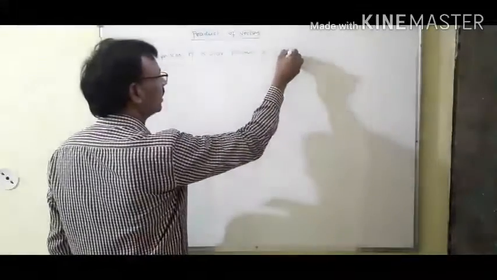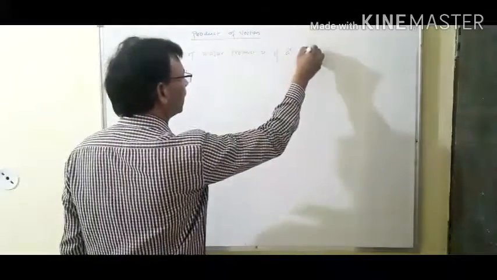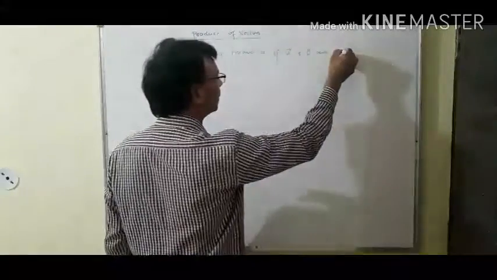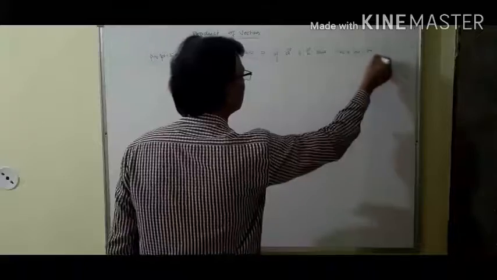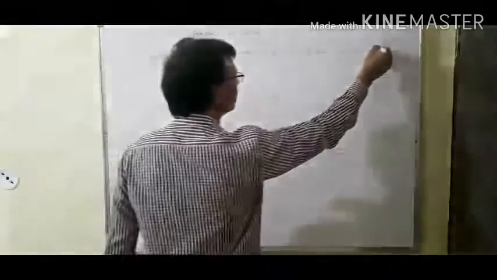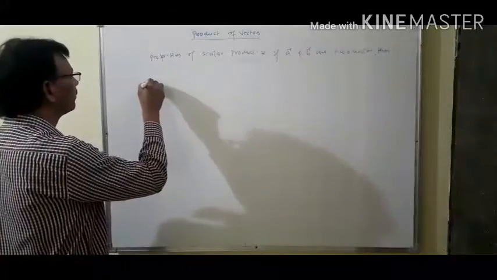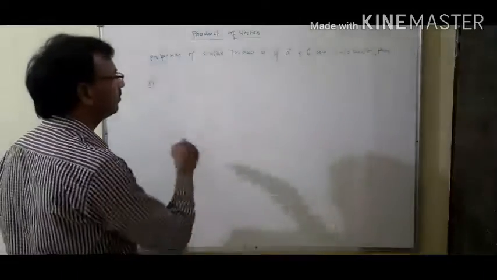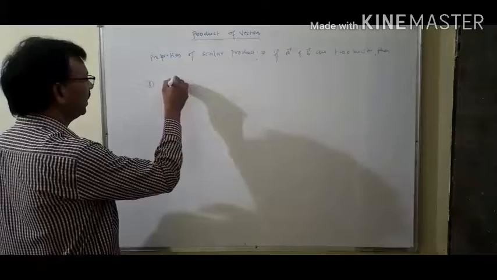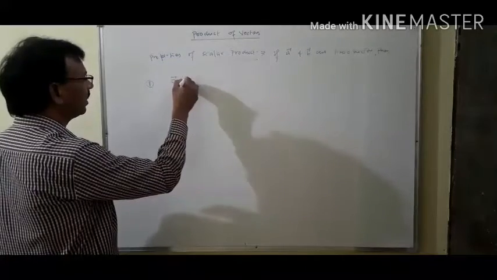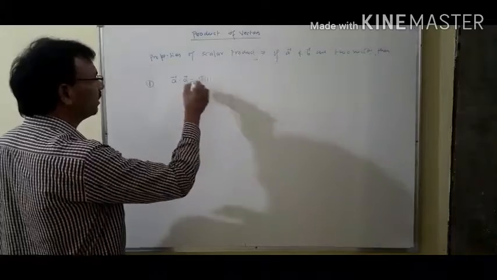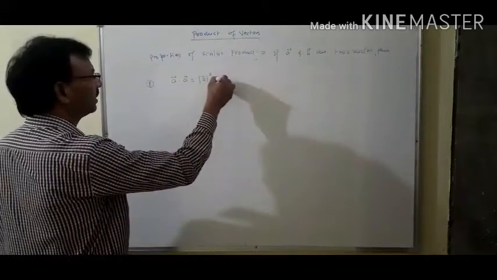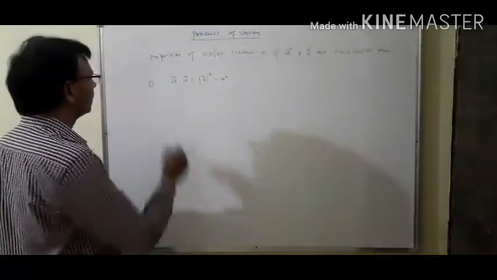If vector A and vector B are two vectors, then the first property is vector A dot vector A will be converted into magnitude of vector A squared, or simply A squared.